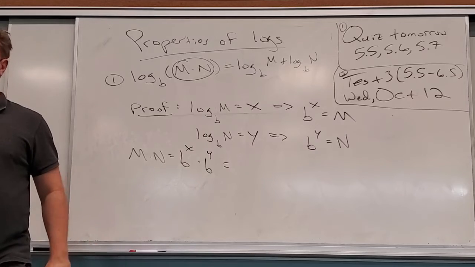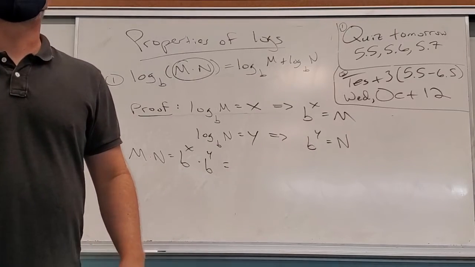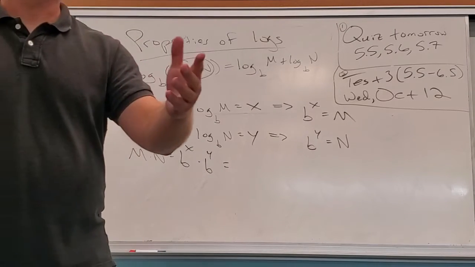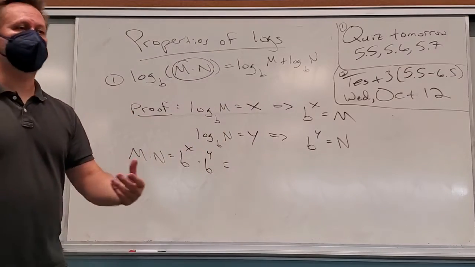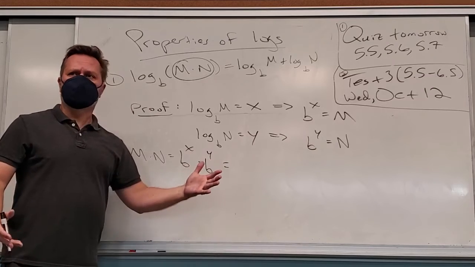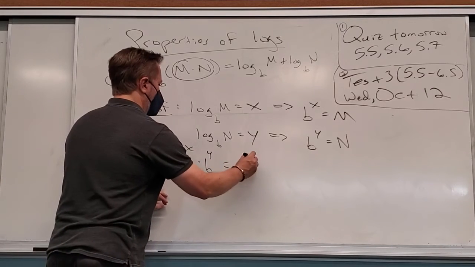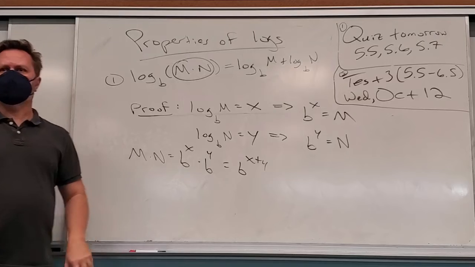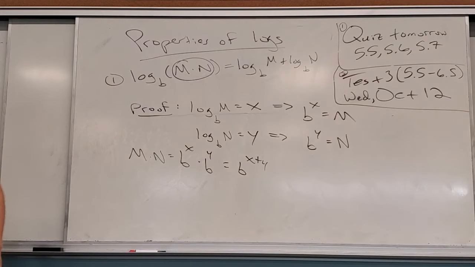X squared times x cubed is x to the fifth. So when I have like bases, what do I do with the powers? Add them. So what is b to the x times b to the y? B to the x plus y. Okay.